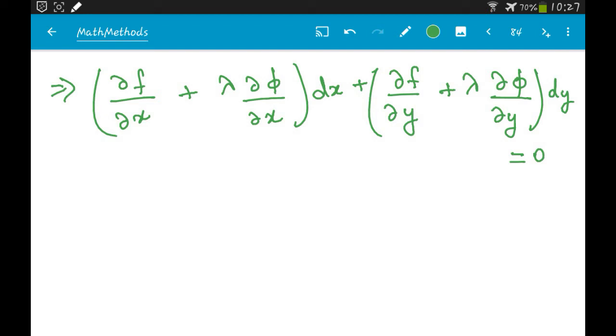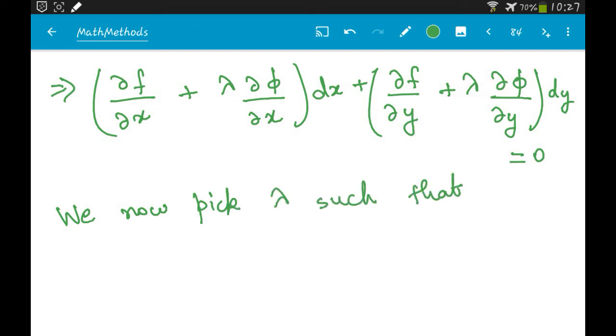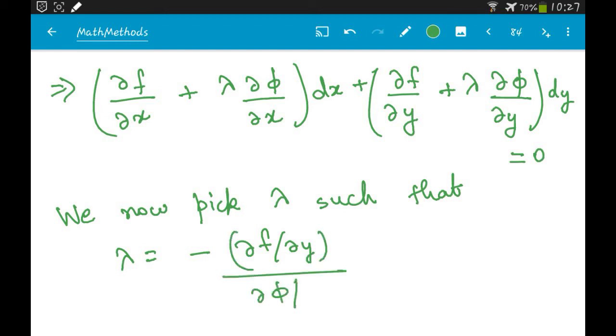We now pick lambda such that lambda is minus dou f by dou y by dou phi by dou y. If lambda is this value, then the dy term will become 0.